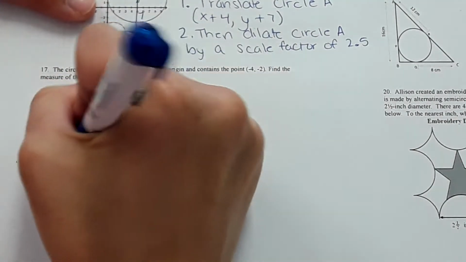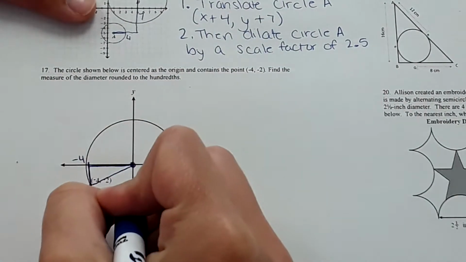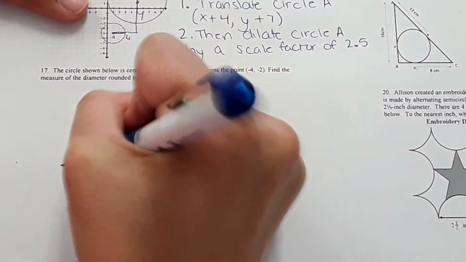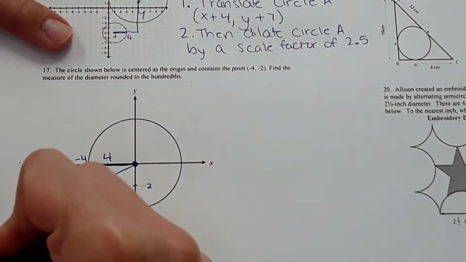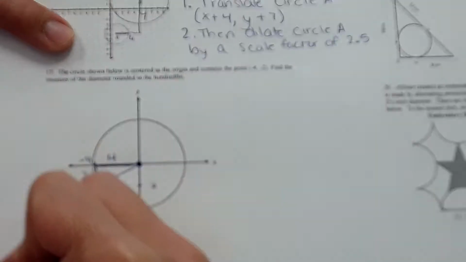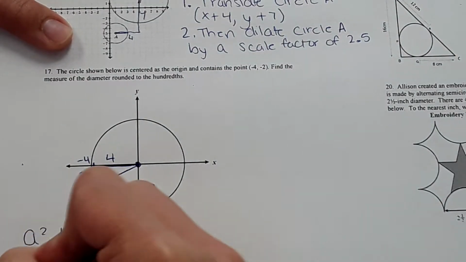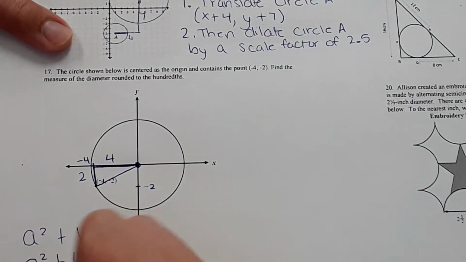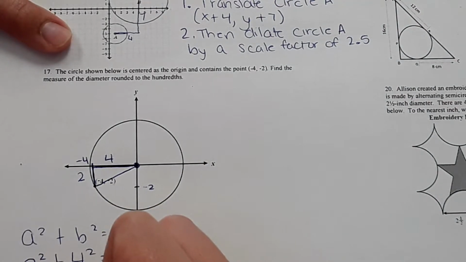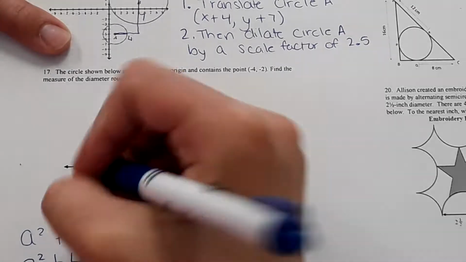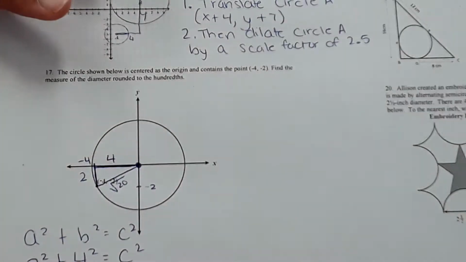And this mark would be at -4, and this would be at -2, because they did give us those coordinates. So this is 4 units, this is 2 units. We can use a squared plus b squared equals c squared to find this length. Equals c squared, square root of both sides, so c equals square root of 20. That's this distance.